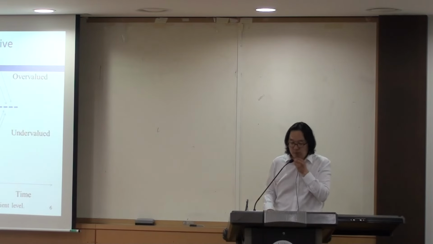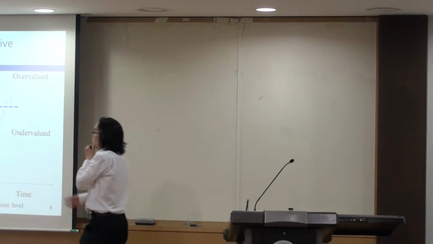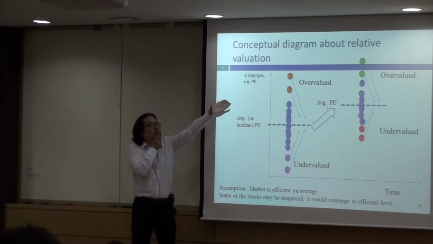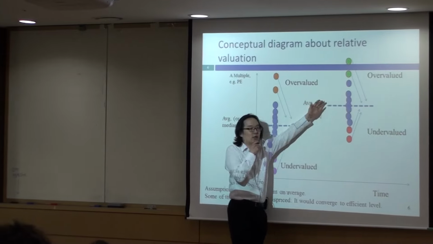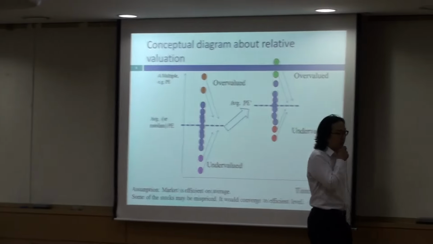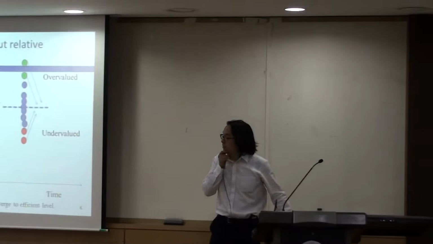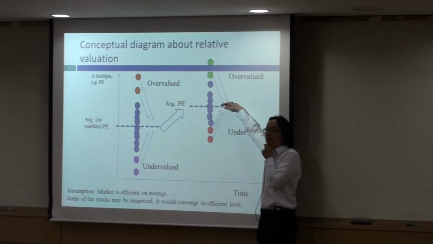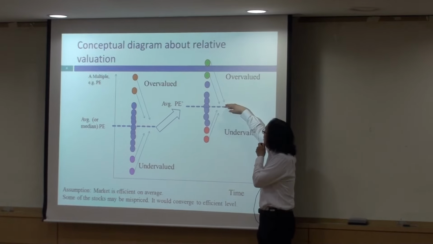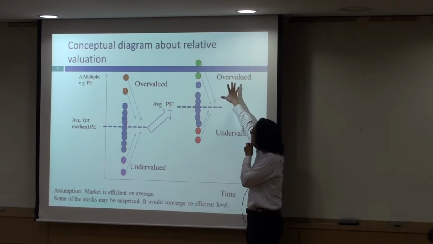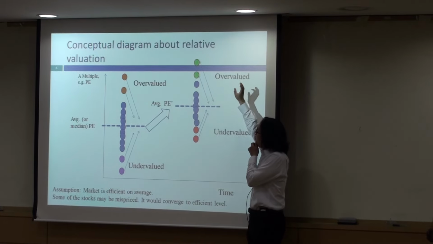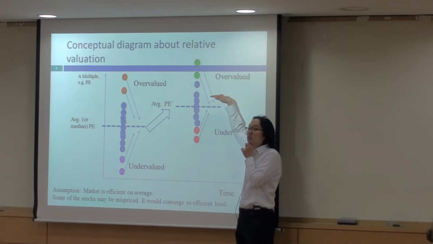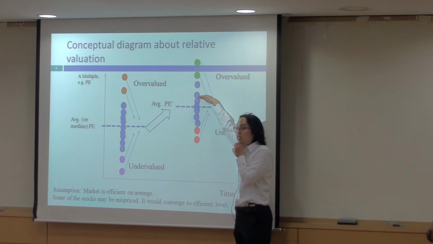Now, that was when the market was doing all right, but sometimes the market will be booming, okay? Maybe the whole economy is doing well, and then the average PE ratio may go up together, right? Even in that case, you will find some companies overvalued or some companies undervalued relative to this median at that stage.